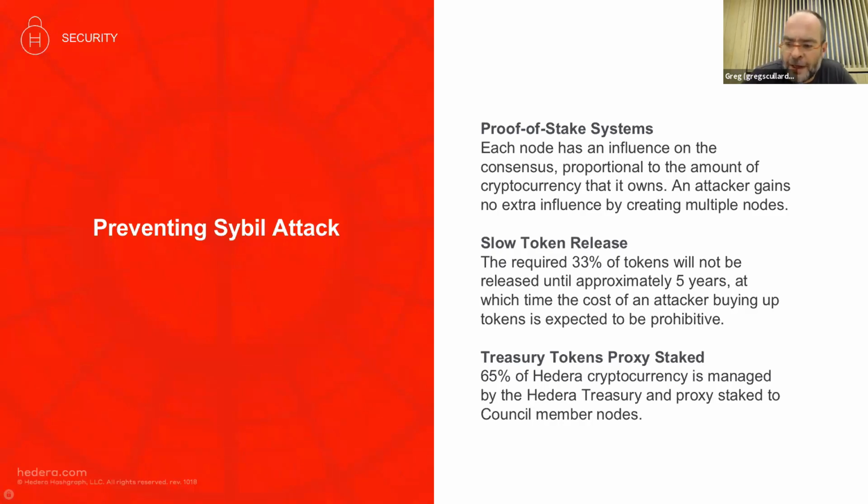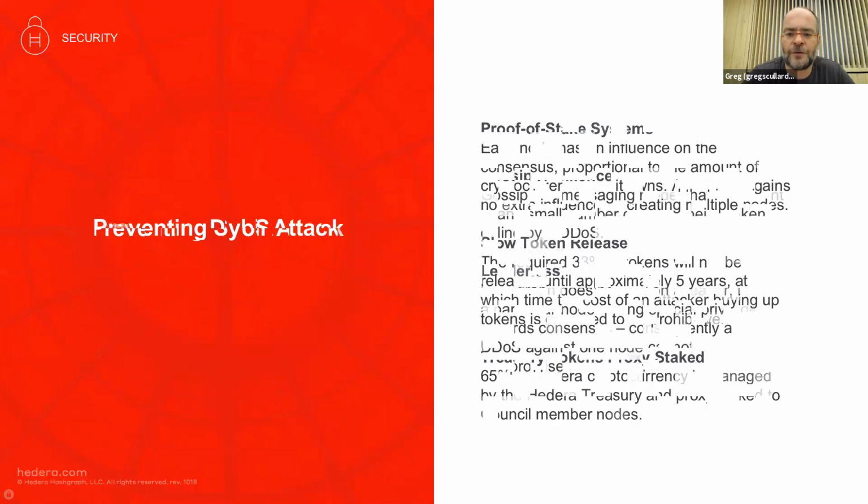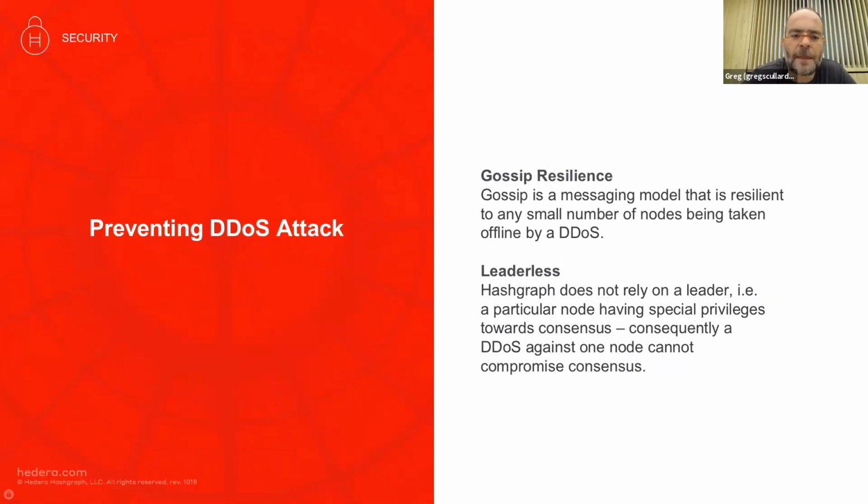Essentially, by locking out, if you want, 33% or 65% of the cryptocurrency, it's impossible for somebody to take the network over for at least the first few years, and by the time we get there, it will hopefully be too expensive to consider.